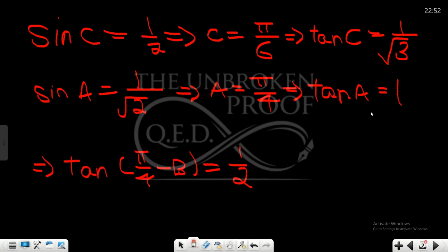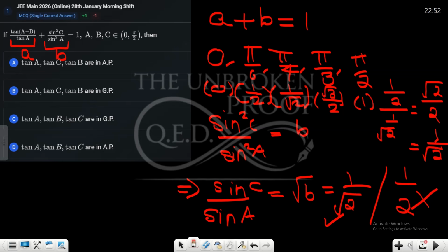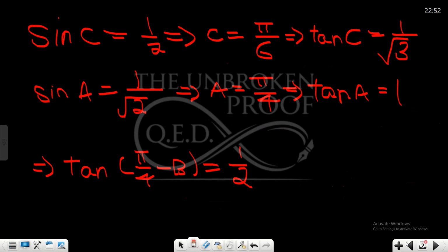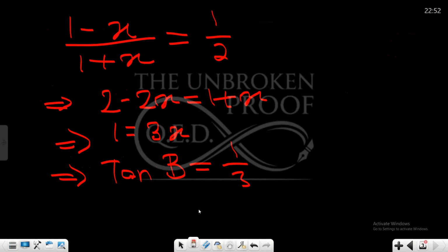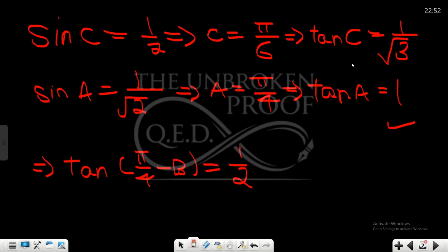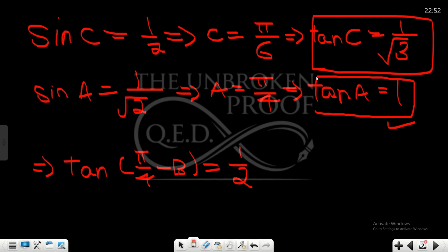Any mistake? Any mistake or what? So tan a is 1, tan c is 1 by root 3, and your tan b turns out to be 1 by 3, right? Tan b turns out to be 1 by 3, and tan c turns out to be 1 by root 3, and tan a turns out to be 1.